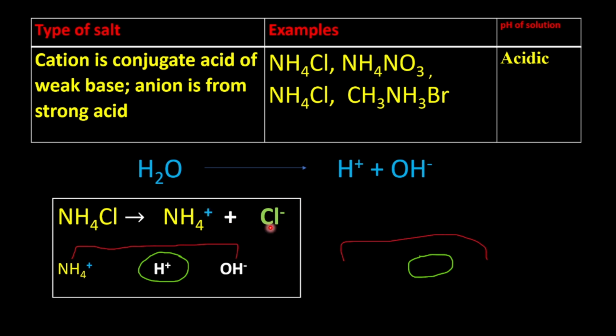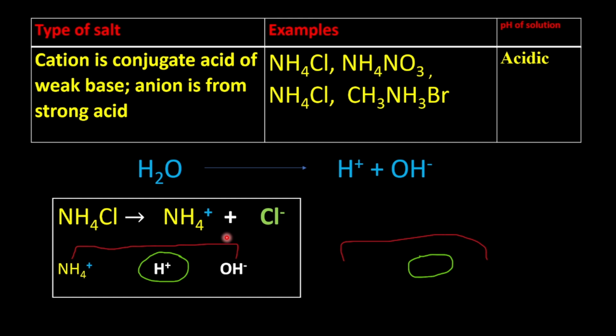And now the question is, which of them will not undergo hydrolysis? NH4+ is not part of the cations that do not undergo hydrolysis. Cl- will not undergo hydrolysis, so we'll just throw this away.